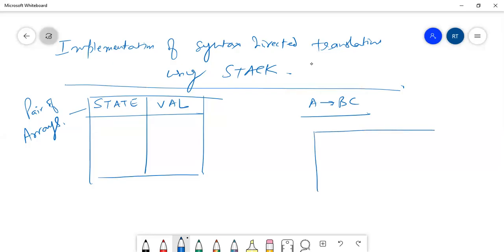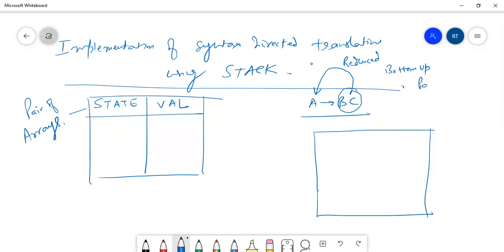One is the stack before reduction, because if I'm performing bottom-up parsing, then the bottom-up parser will perform the corresponding translation when BC gets reduced to A.